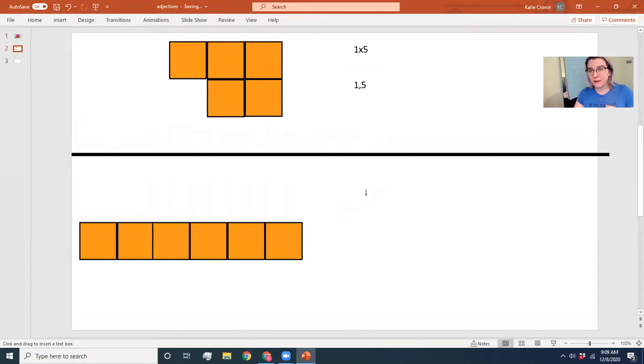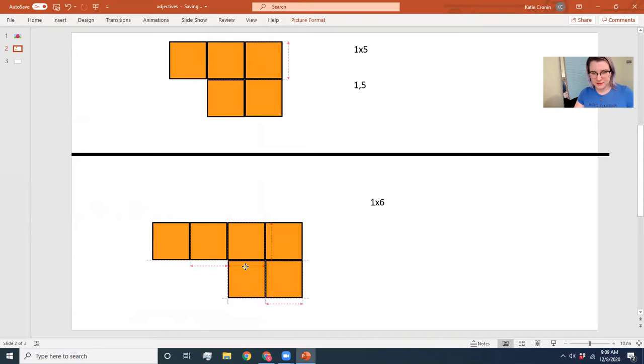Now let's look at 6. I know some of you can probably do this in your head, but just to check our work, let's go through it. So we know we can make a rectangle that looks just like this. 1 by 6. What other rectangles can we make? What if we bring these over here? 3 by 2.